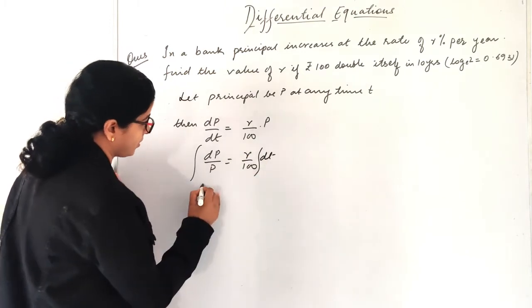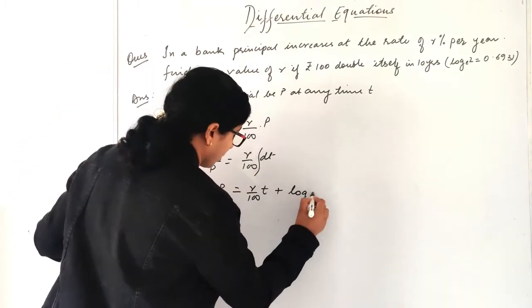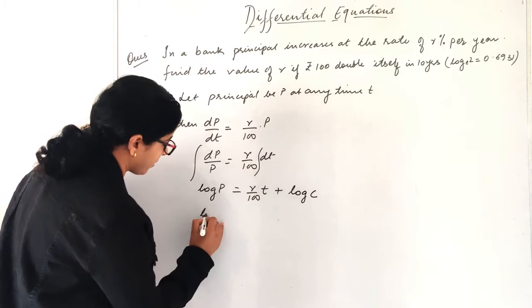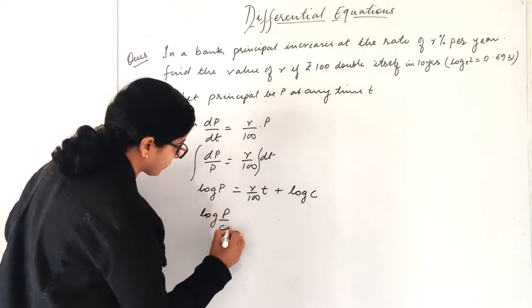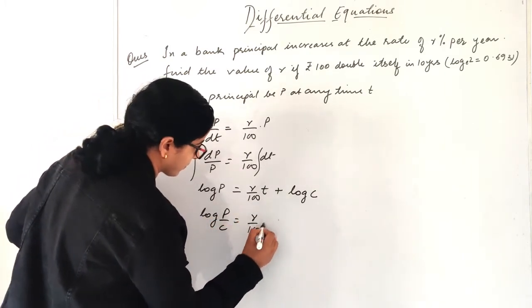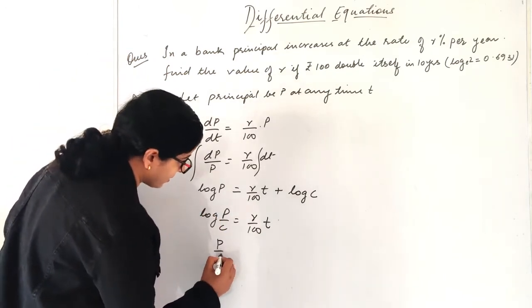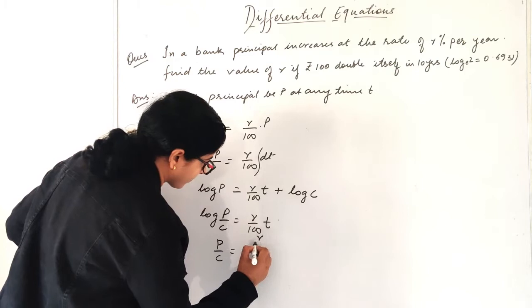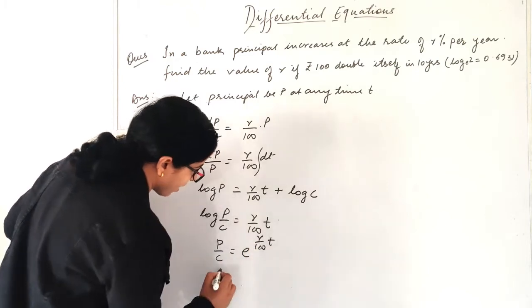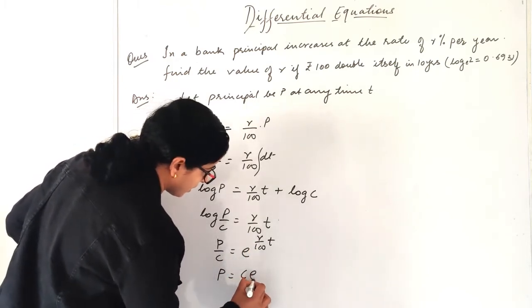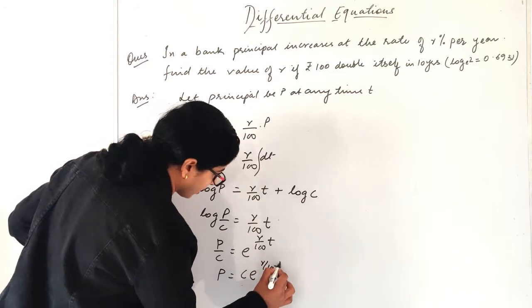Now let us use variable separable to solve it. Integrate. log P equals R by 100 t plus log C. When I am removing log, I can write this as, okay, and P is equal to C e^(R by 100 t), right?